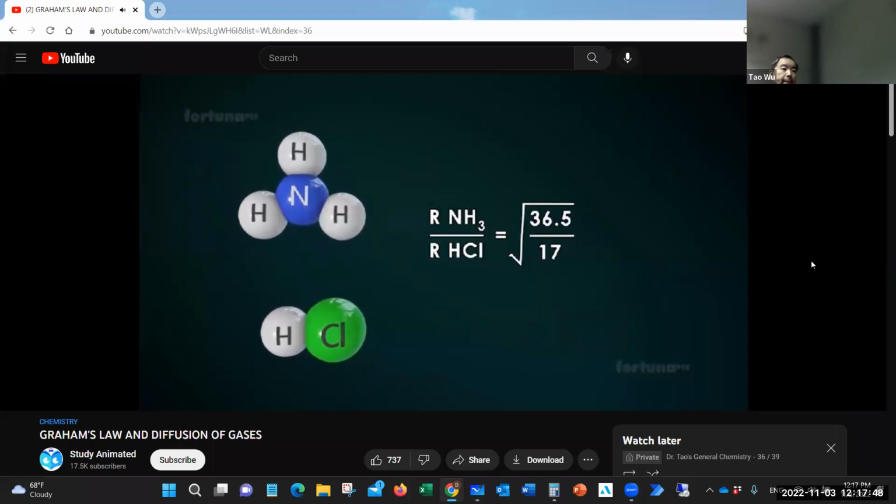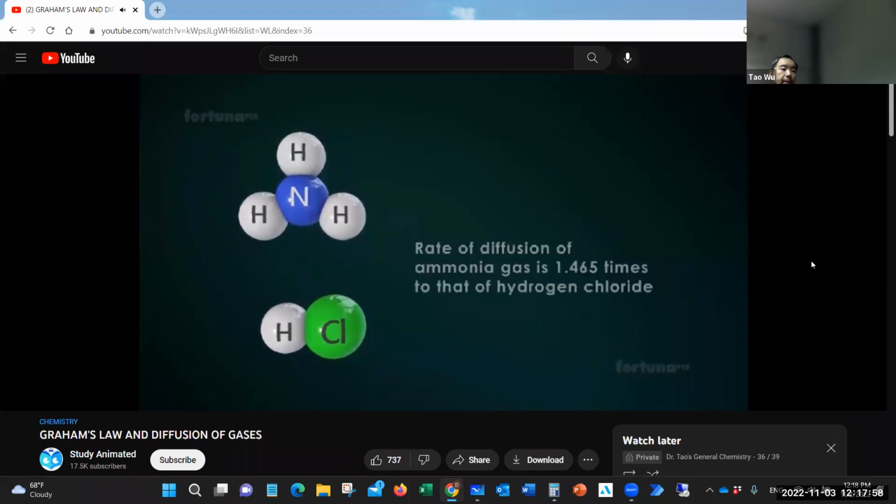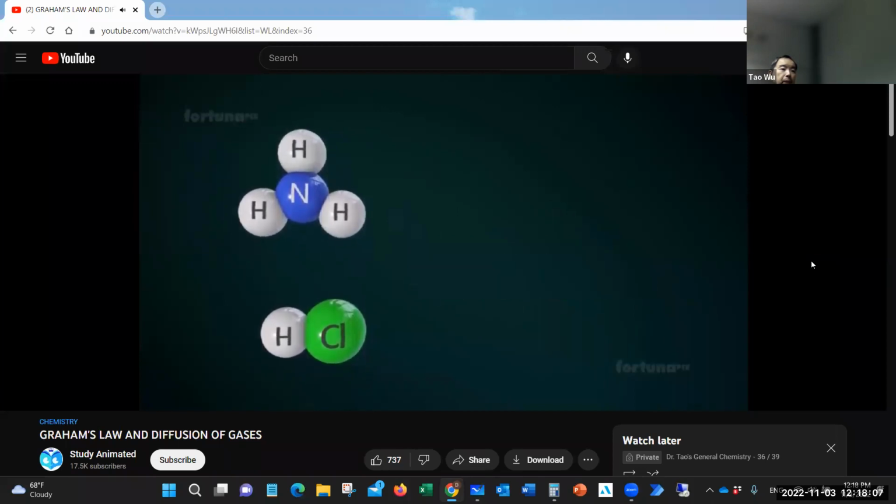Now substitute the values in the equation. Square root of 2.147 is equal to 1.465. This reveals that the rate of diffusion of ammonia gas is 1.465 times that of hydrogen chloride. In other words, ammonia gas will travel 1.465 times more than hydrogen chloride gas when they are allowed to diffuse.